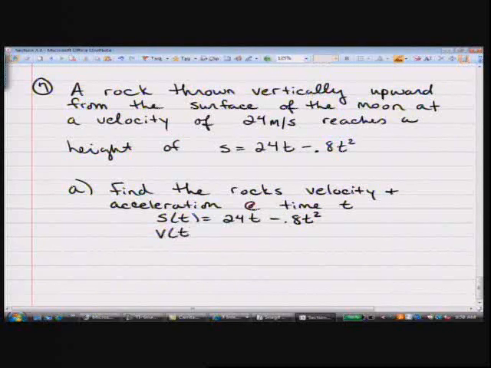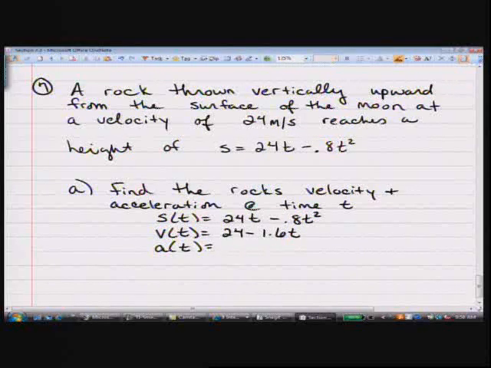So v of t is just the derivative, which will be 24 minus 1.6t. And a of t will be the derivative of velocity, which is what? And so what do you think that negative 1.6 is? Well, that's acceleration. It's actually the gravitational constant on the moon, right?